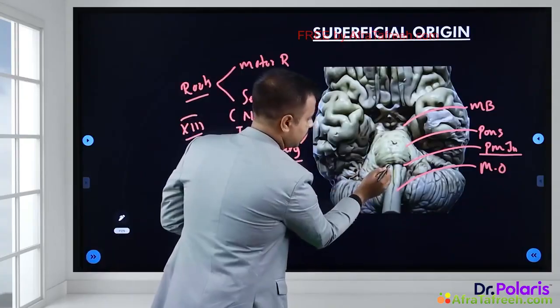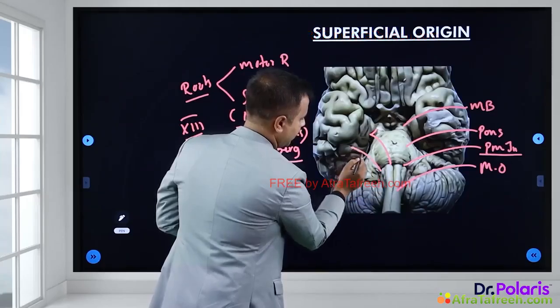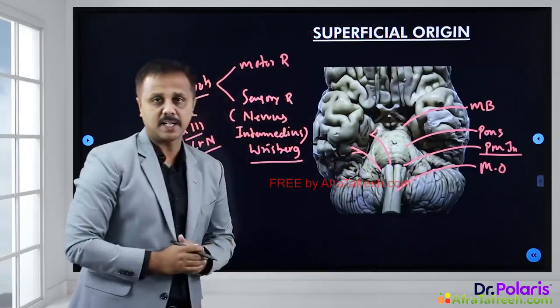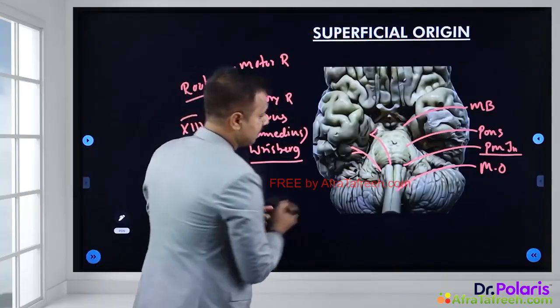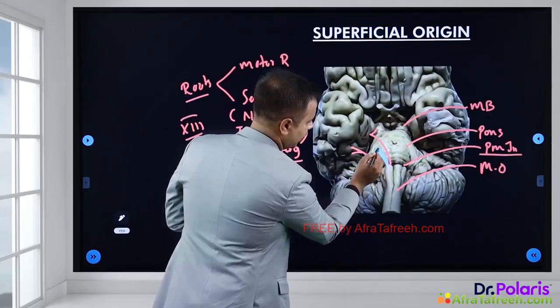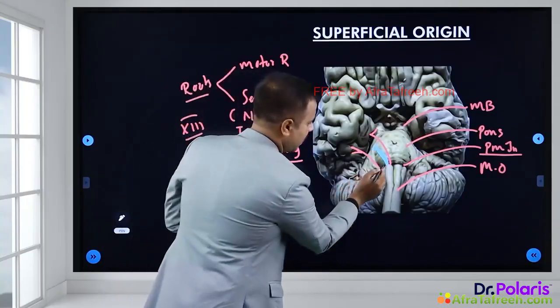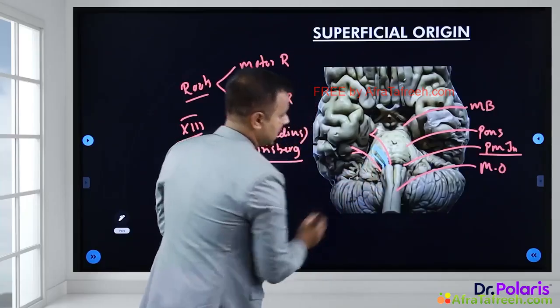Pontomedullary junction gives attachment to three important cranial nerves. One medially, there is one laterally, and facial nerve, remember, is present in between this. So it has a large root which is present medially, right? And it has a small root which is present laterally.